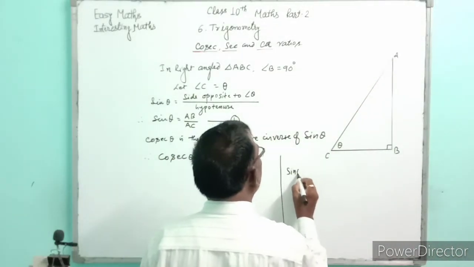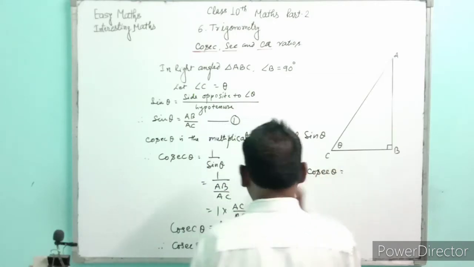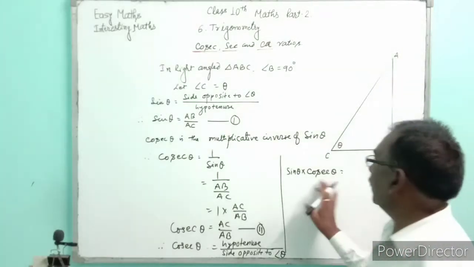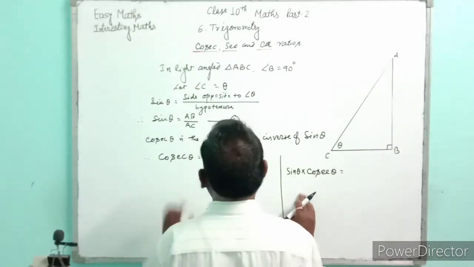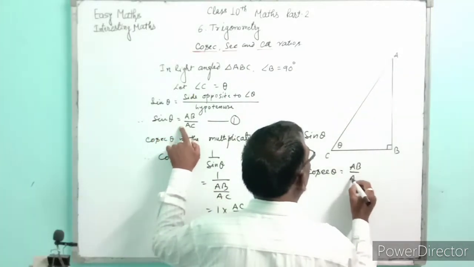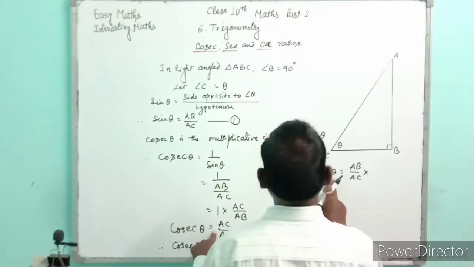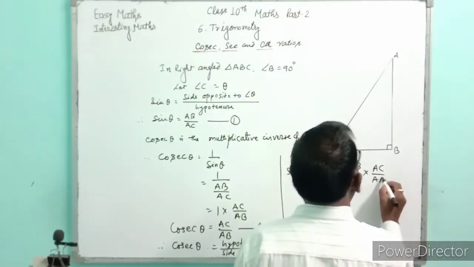Sin theta into cosec theta. They are multiplicative inverses of each other. Therefore, sin theta into cosec theta: the value of sin theta is equal to AB upon AC from 1, and the value of cosec theta is equal to AC by AB from 2.